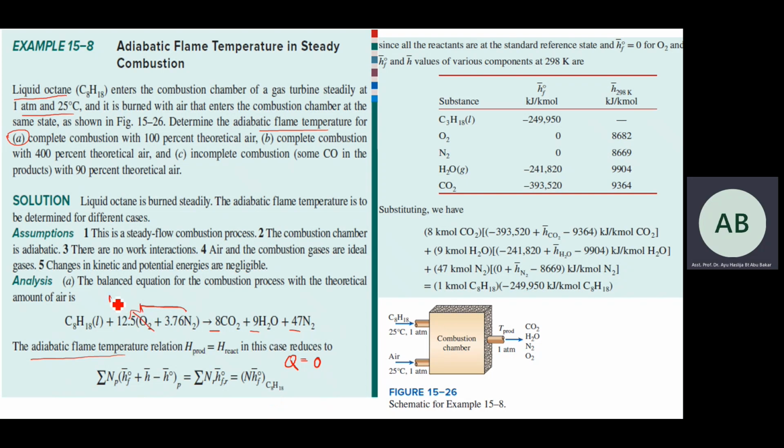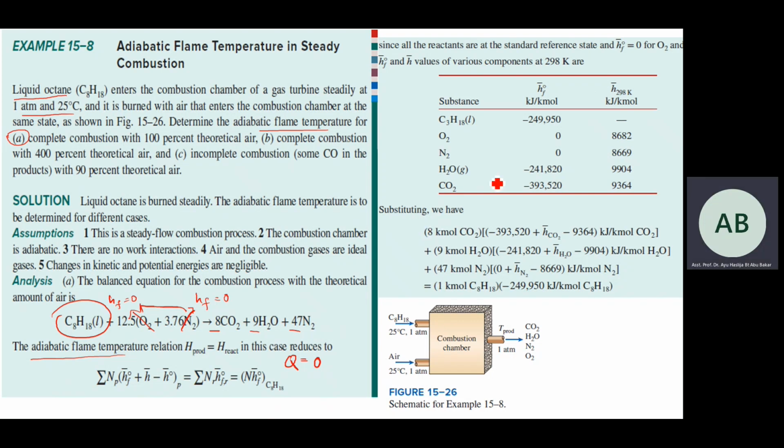Here hf equals 0, and this one also hf equals 0, so we are left with only the liquid octane. Then arrange the information in a table as we did: the heat of formation and the enthalpy at reference for all the components.